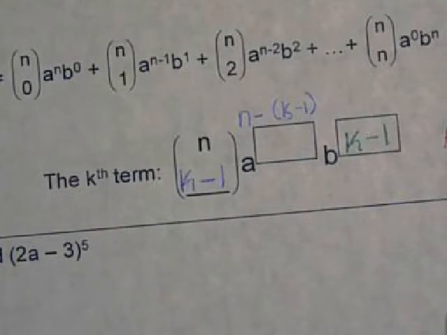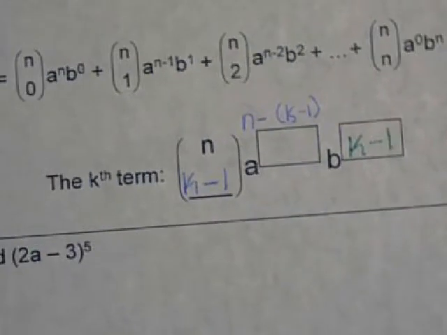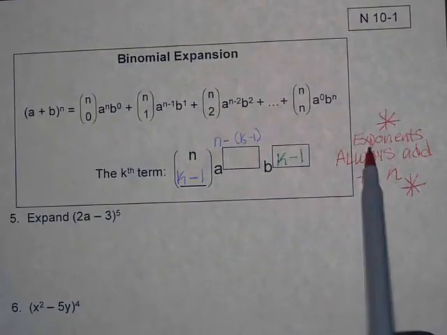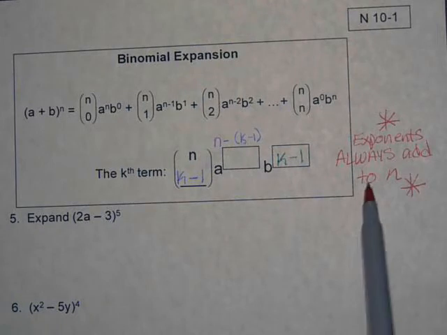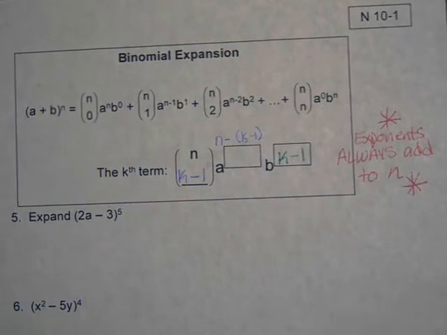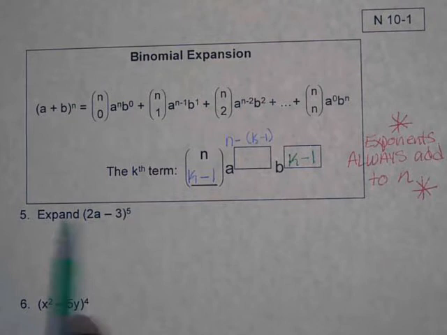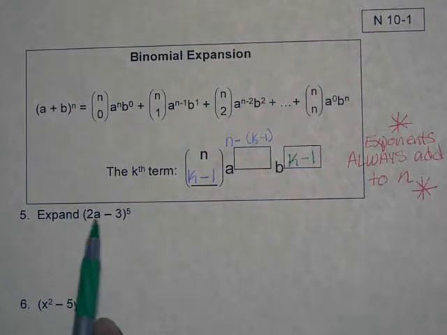This is important because that way you can see if you made a mistake before you get started. Exponents always add to equal n. If they don't, then you know you've done something wrong. So let's expand 2a subtract 3 to the 5th power.